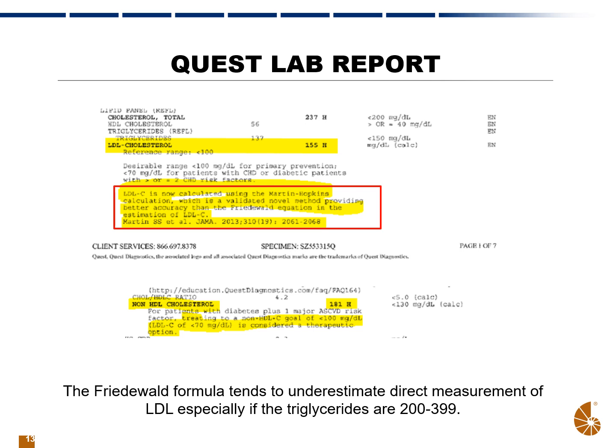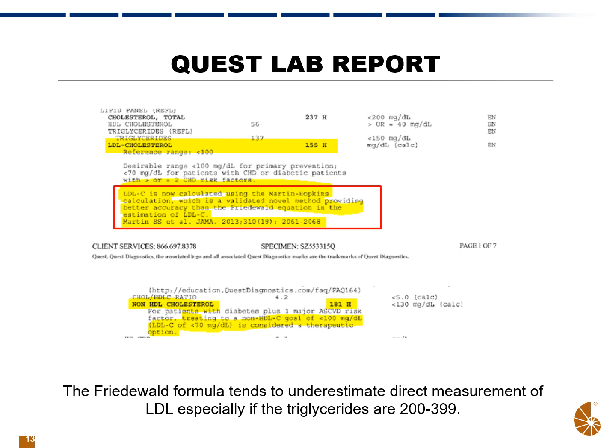And then you'll also notice toward the bottom, they actually have non-HDL cholesterol reported, which I just mentioned. I've asked exam 1 to start using that, and that gives us a number for that. And then at the very bottom, I've put the Friedewald formula tends to underestimate the direct measurement of LDL, especially if the triglycerides are in the higher range, 200 to 399.